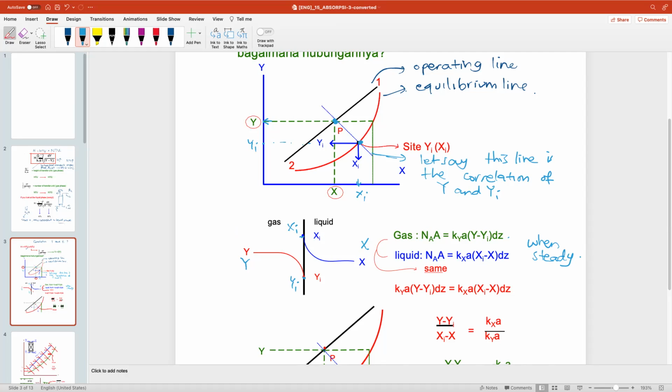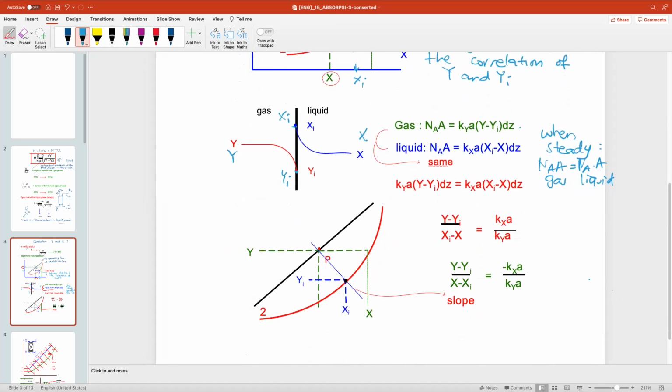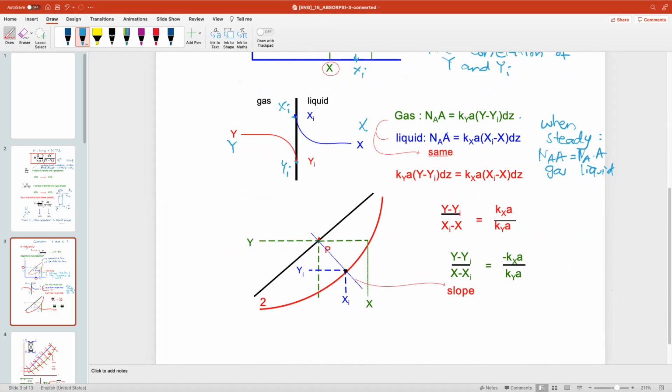Okay, so when steady, NaA should be the same. Even in the gas, it should be the same with the liquid. So with that, because the transfer in the gas phase should be similar with the liquid, then we can say the green one here is equal to the blue one here.